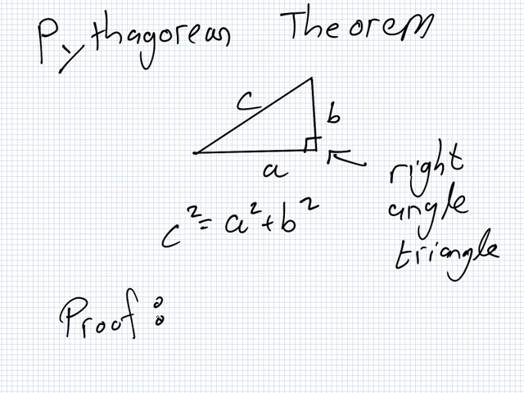Let's see. Okay, so I have at least 54 different ways to prove this. One is enough. I'll pick the easiest way. But there's actually at least 54 different ways to prove this.